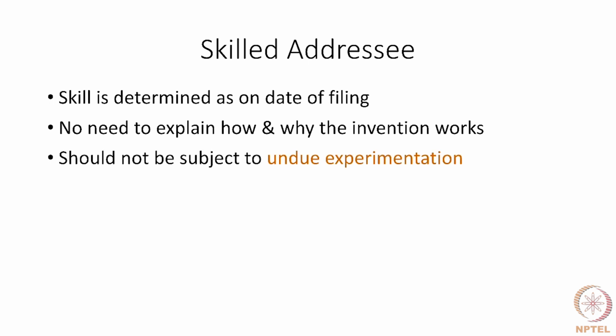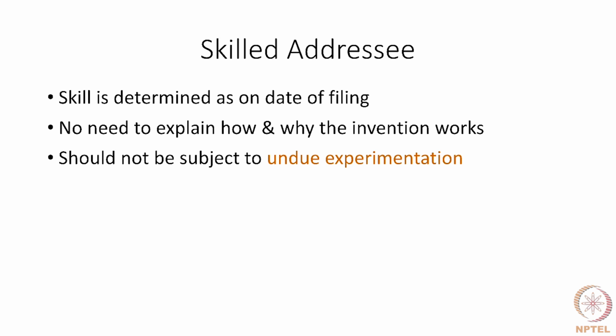Now, one of the requirements in this field is that because it's addressed to a skilled addressee, the skilled person in a particular art, there is quite a lot the skilled person would already know. If you are drafting a specification on an internal combustion engine, the skilled person will know how an internal combustion engine works, the parts of it, how it is to be assembled.